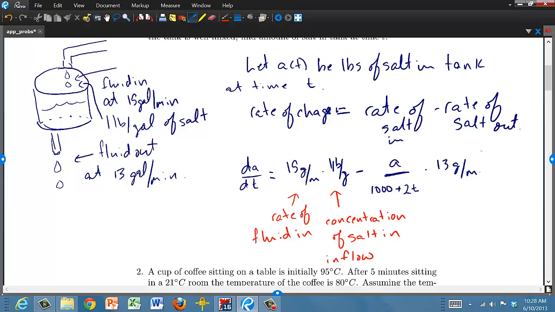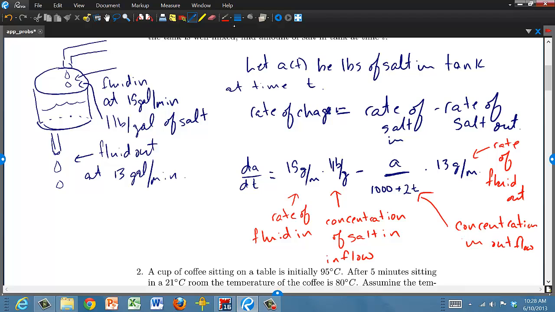This is a rate of fluid out. This is another concentration. And that's it. So that's how you set up these problems.